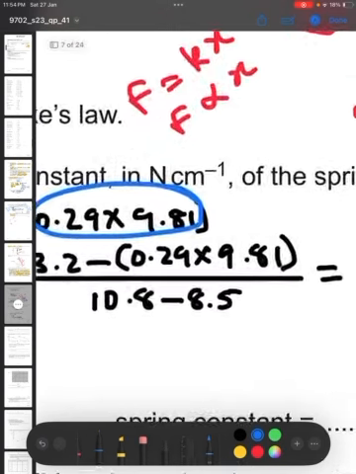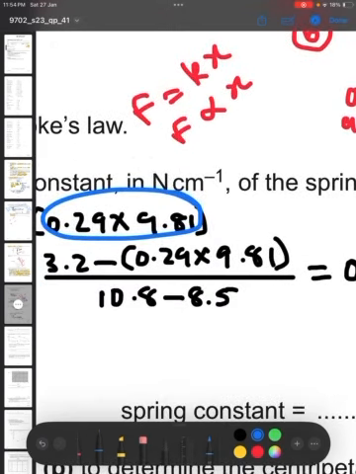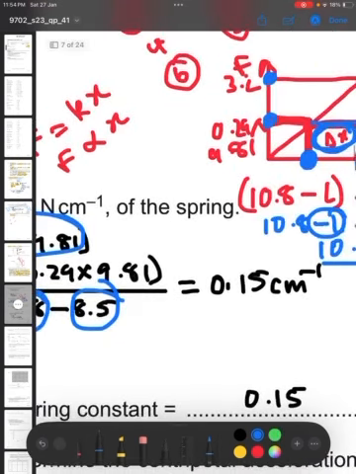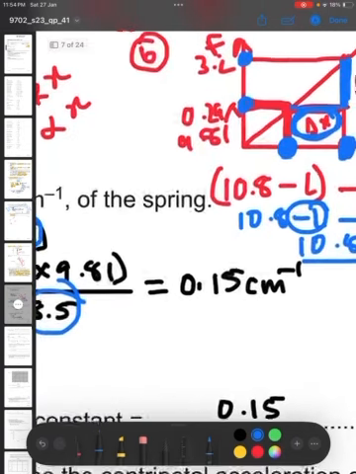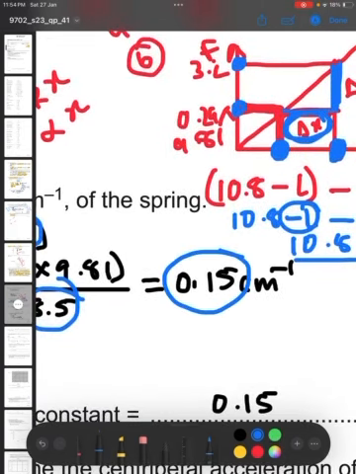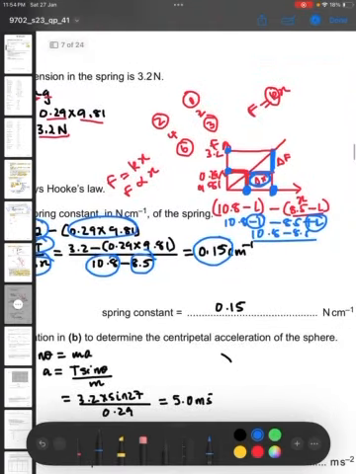In which case, delta x, we showed that it can be found by saying 10.8 minus 8.5. So if that is clear, then we don't need to worry at all. 10.8 minus 8.5 gives us the extension delta x, as I've justified. Ultimately, when you punch this in, you get 0.15 per centimeter, which is our spring constant.